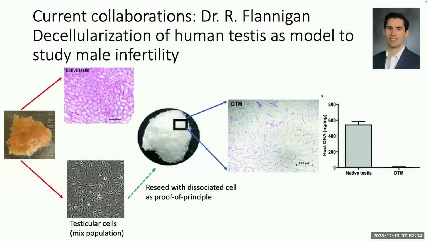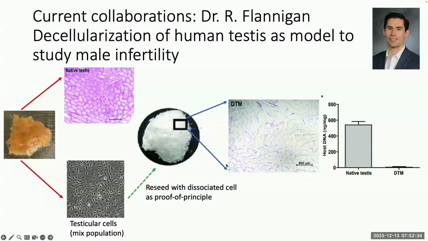We started a collaboration some months ago with Dr. Ryan Flanagan on the decellularization of human testes as a model for studying male infertility. We got testes from a human patient and decellularized that testis. This is what it looks like, and the decellularization was done well.